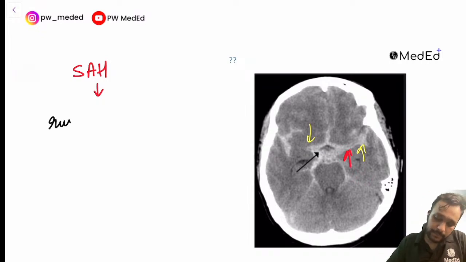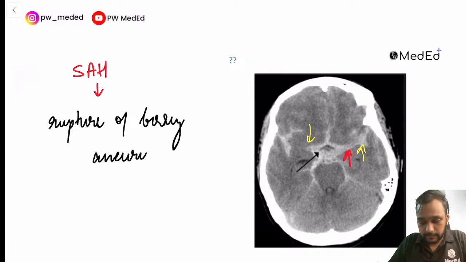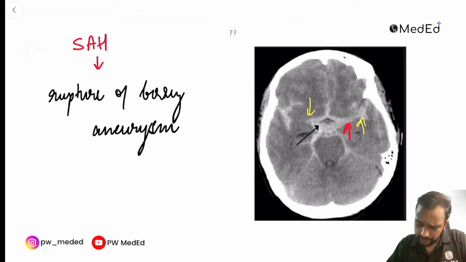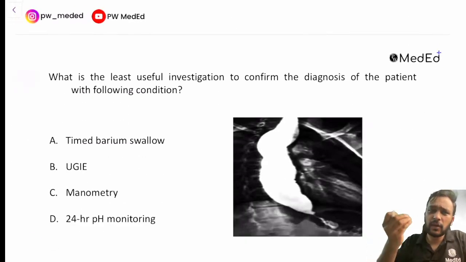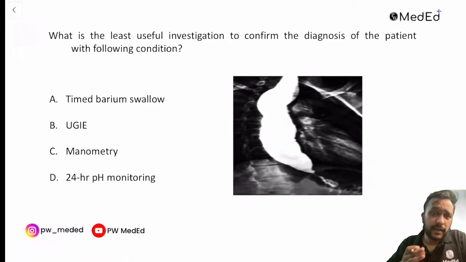It is due to the rupture of a berry aneurysm, right? So this is your subarachnoid hemorrhage. You will see hyperdensities along the basal cisterns. You may see hyperdensities along the sulcal spaces.